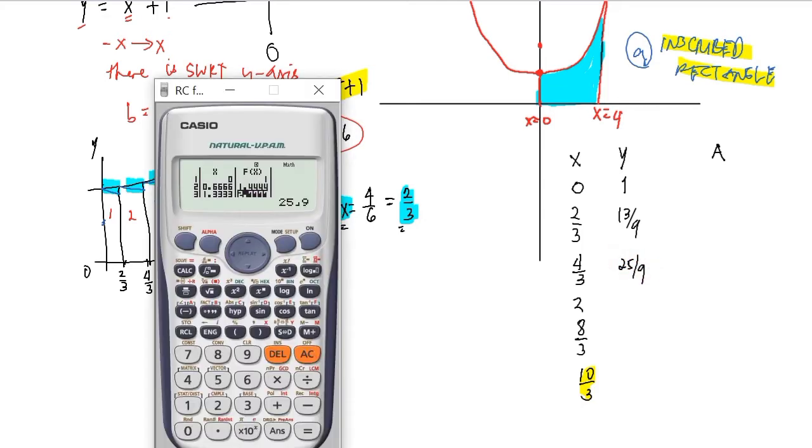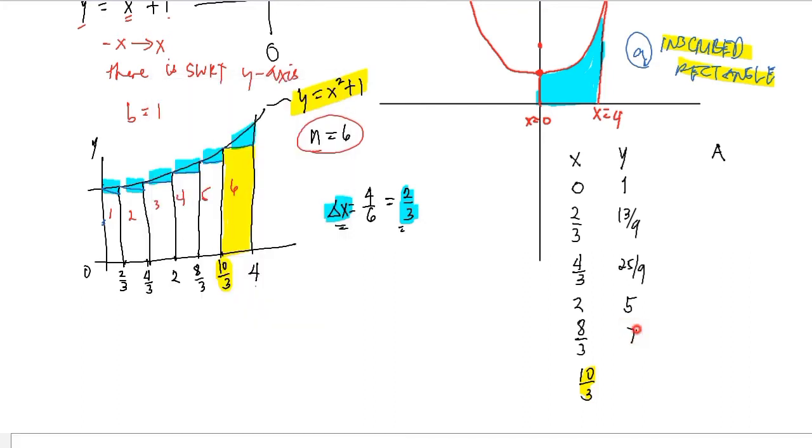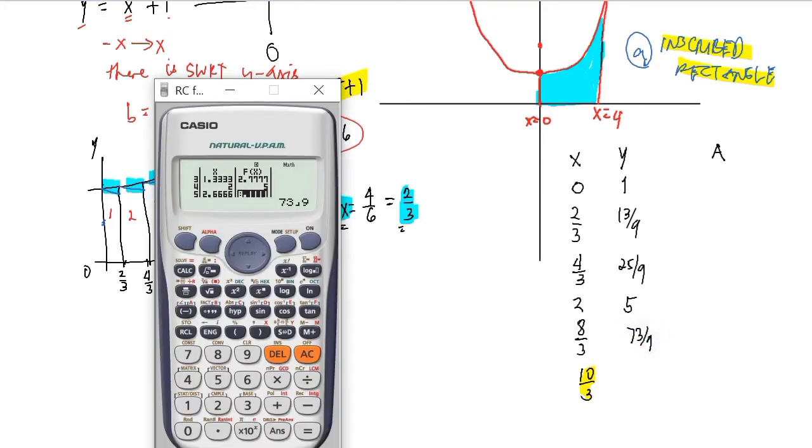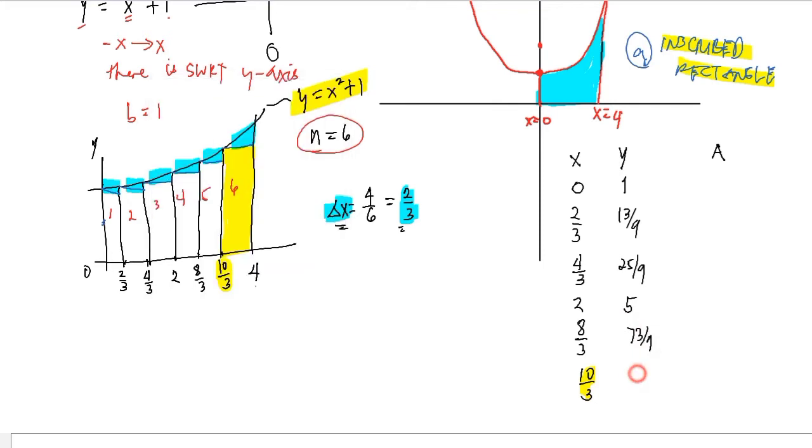And then, we have 5. And for 8/3, we have here 73/9. And in here, we have 109/9. Okay. How about the area?